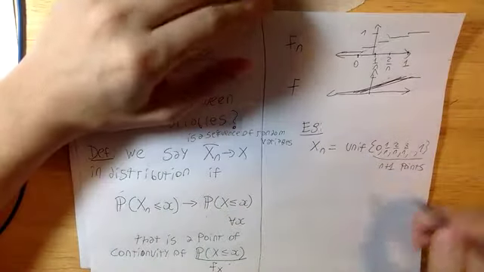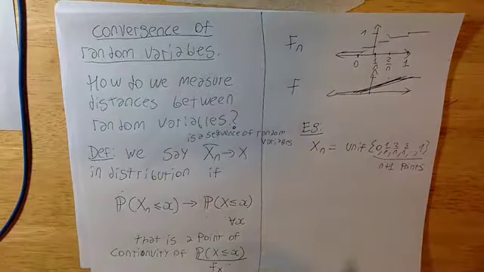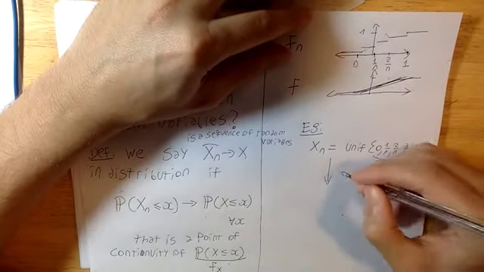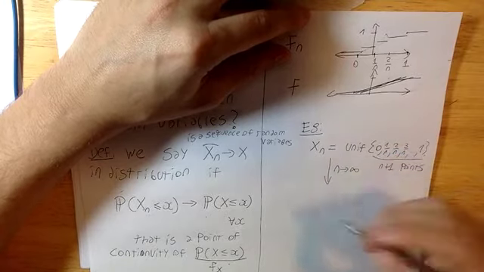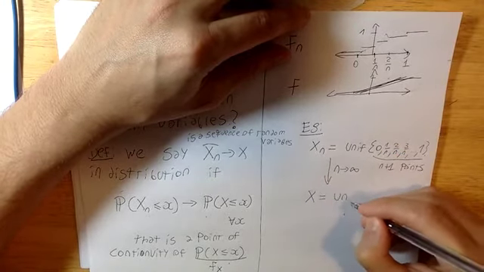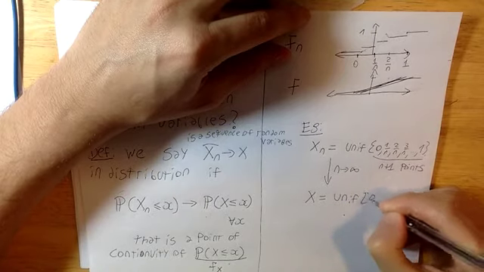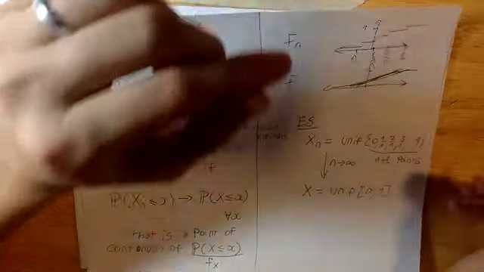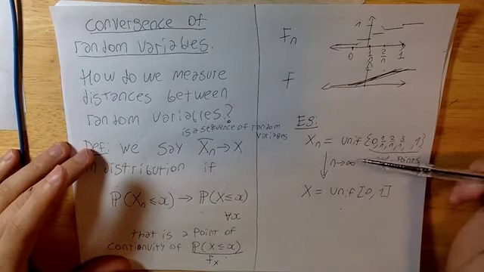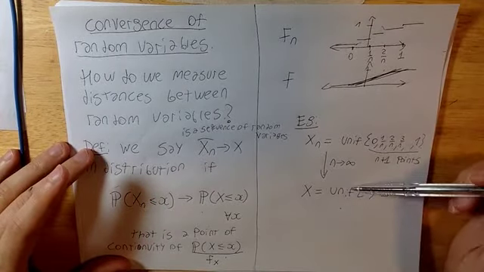Okay, so if you take this uniform in this thing that becomes smaller and smaller, in the limit n to infinity, this converges to X, which is a uniform number between 0 and 1. Okay, so this notion of convergence allows you to converge from something that is discrete onto something that is continuous.